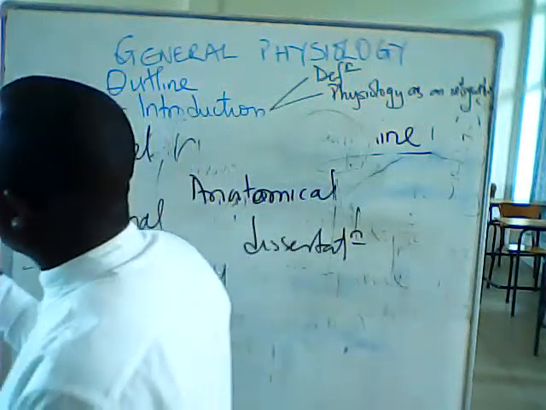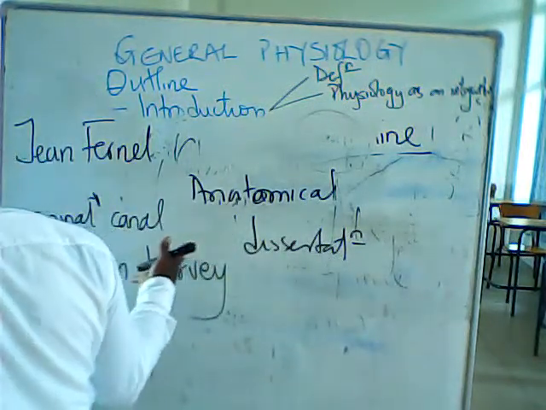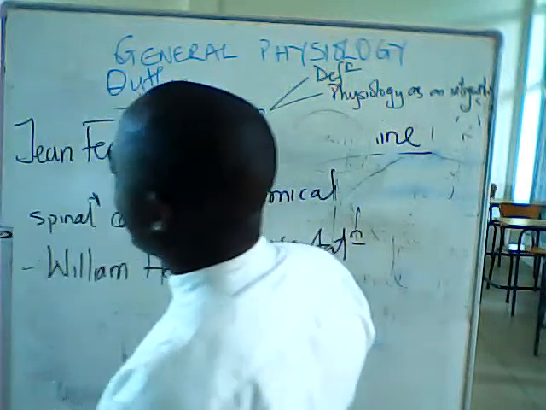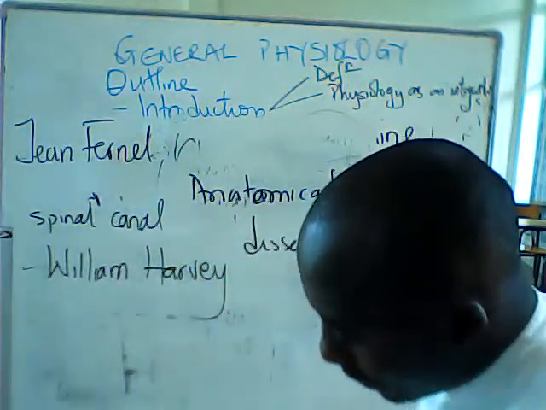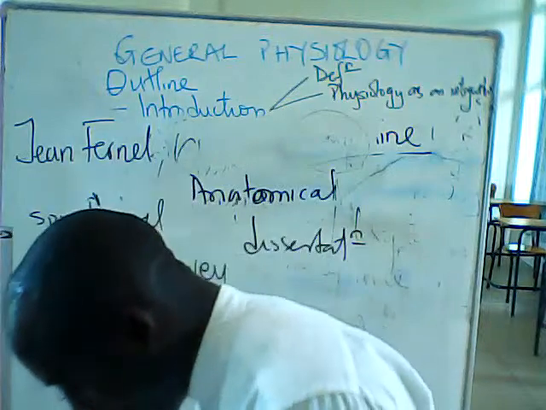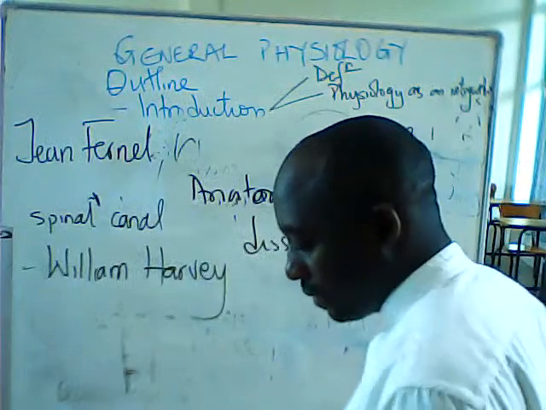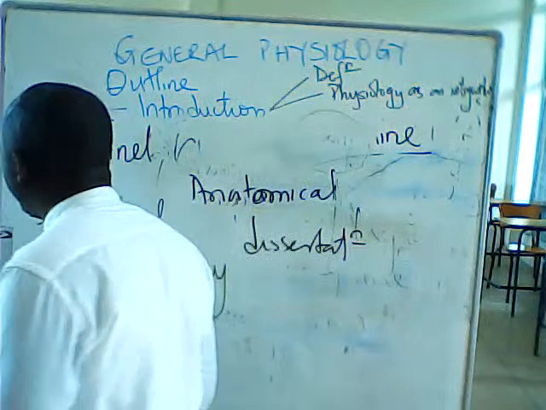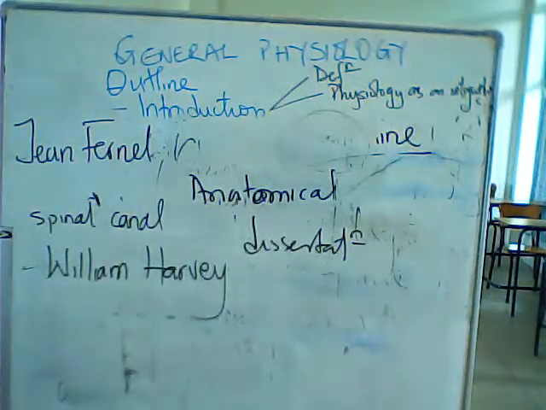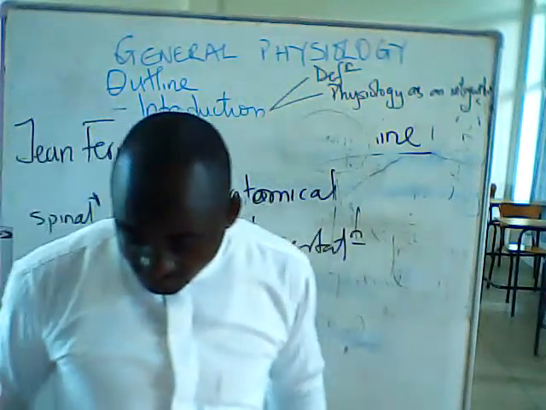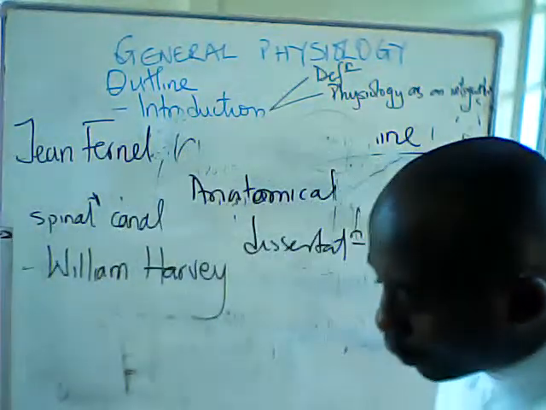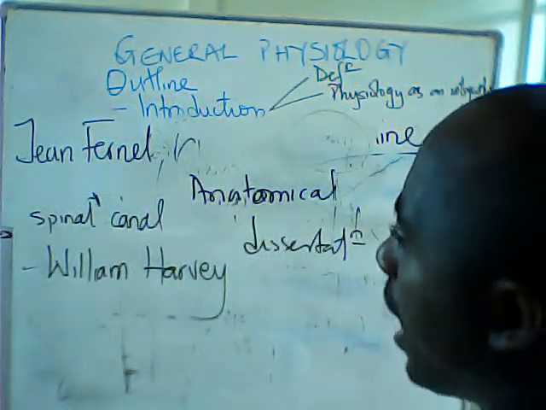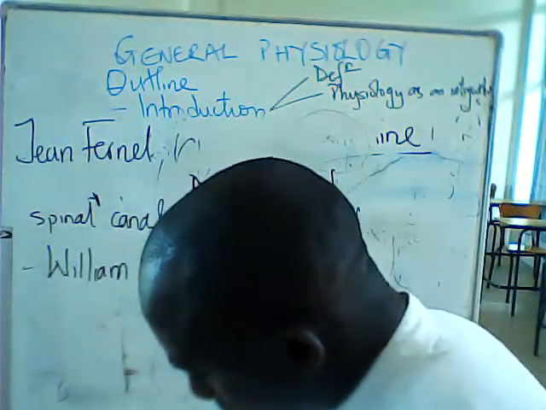He published this dissertation, this essay, on the movement of the heart and blood. He was the first to describe systemic circulation and the blood journey through the brain and body, as propelled by the heart.